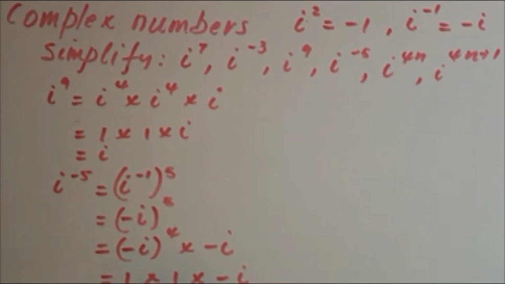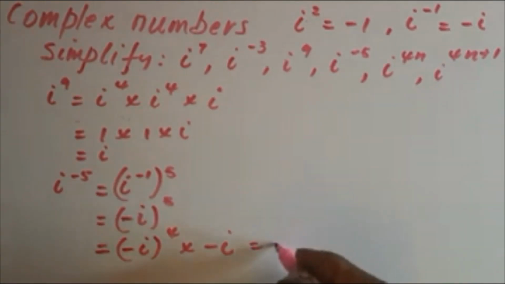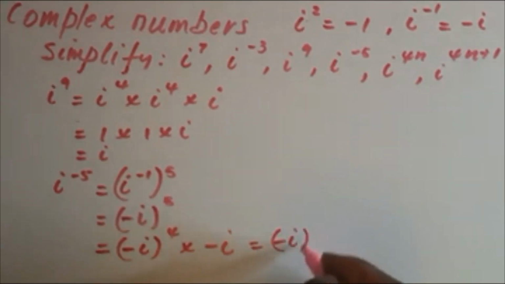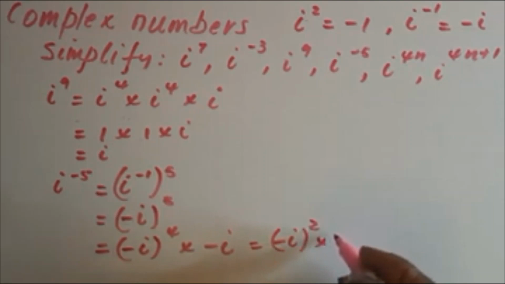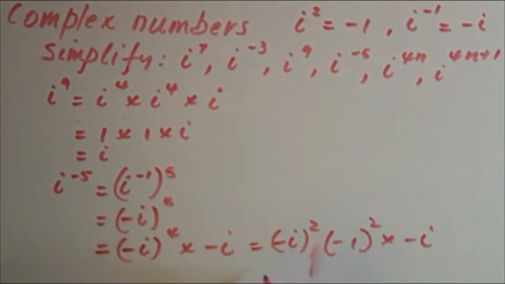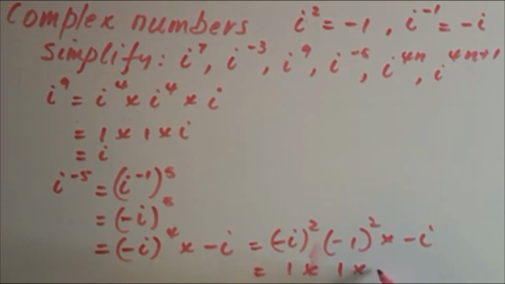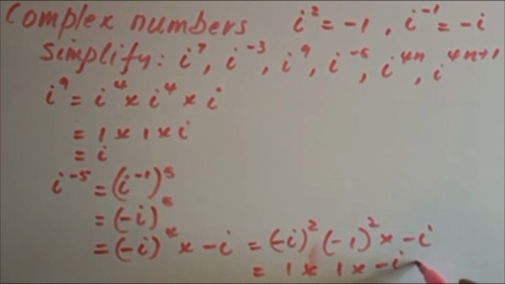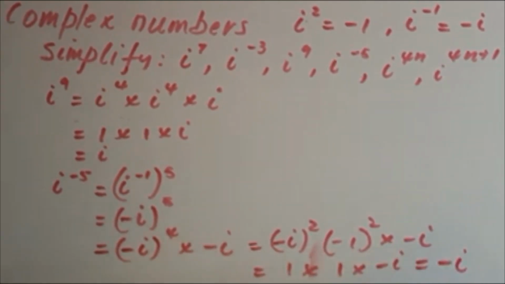Let's just write it minus I squared times, we don't have to put the multiplication sign, minus I squared times minus I. And this gives us 1 times 1 times minus I, with a result of minus I. I squared is minus 1, and minus 1 times minus 1 is 1.